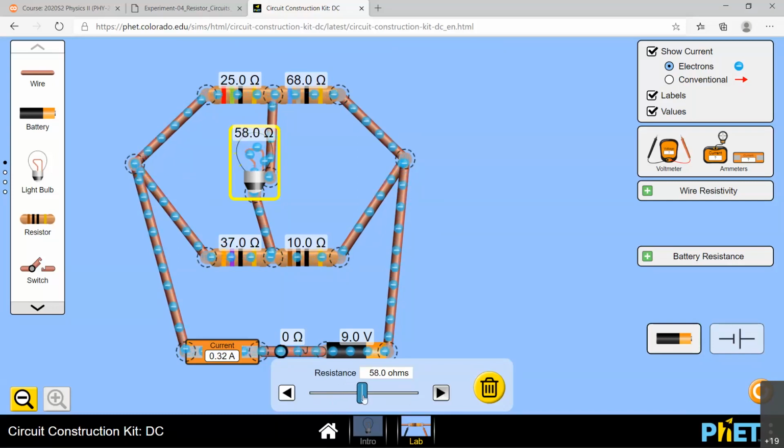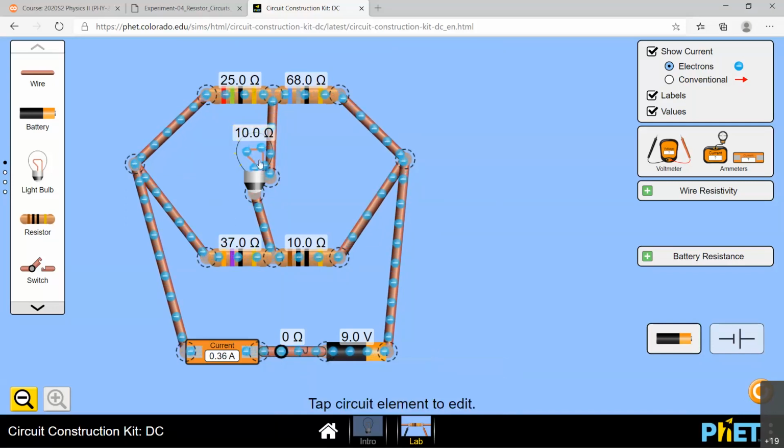Good, any question so far? Let's keep 10 ohms, that doesn't matter. You can see the light bulb is lighting up. This small yellow line appears around the light bulb, which represents the bulb is lighting up. Okay, now the circuit is working fine.